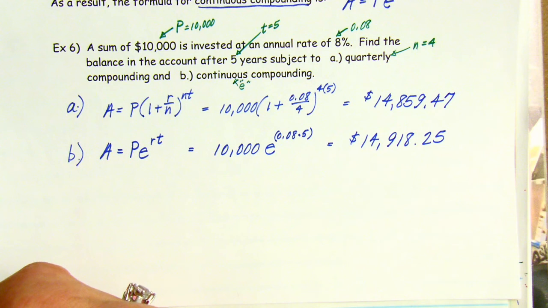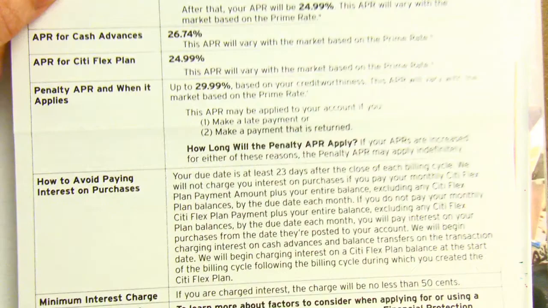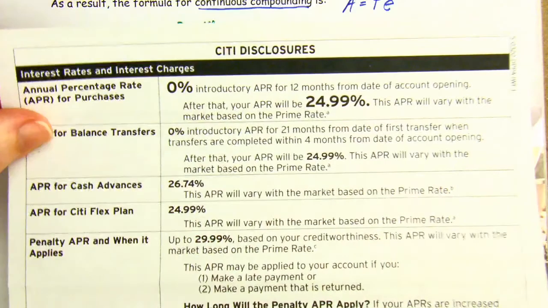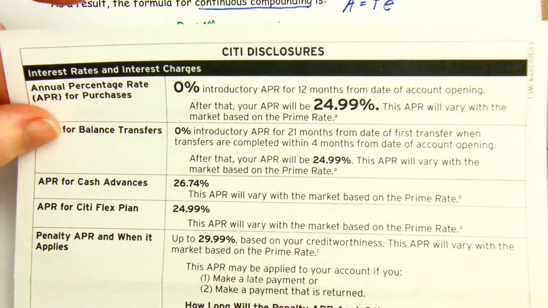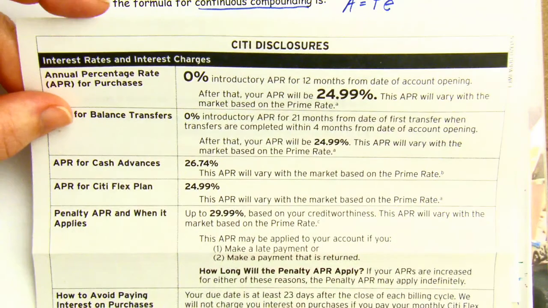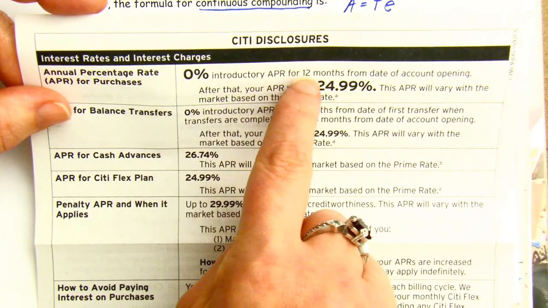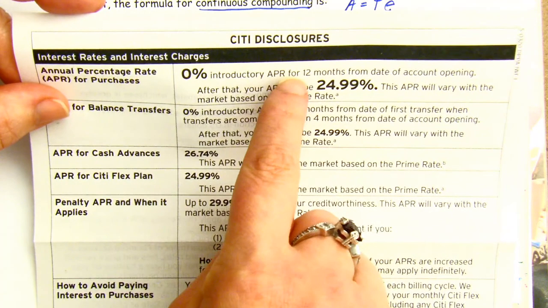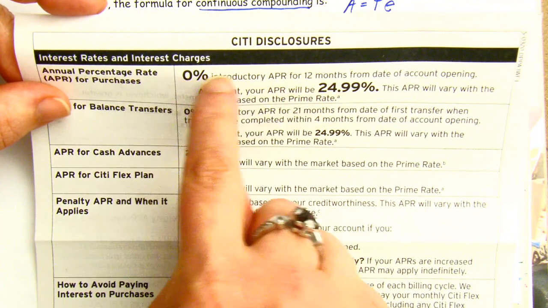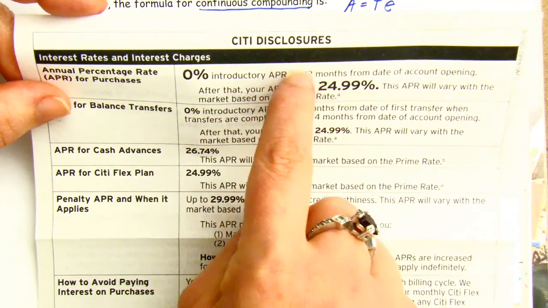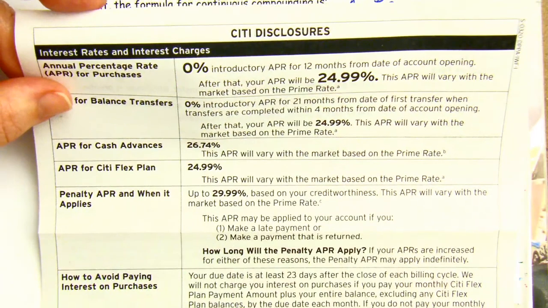Okay, and these forms right here are the most important things to look at when you get an offer for a credit card. Here it's saying annual percentage rate, well, 0% introductory for 12 months. So I can buy things and charge things and not charge any interest. But after 12 months, I have to pay that balance off or I'm subject to this high rate.